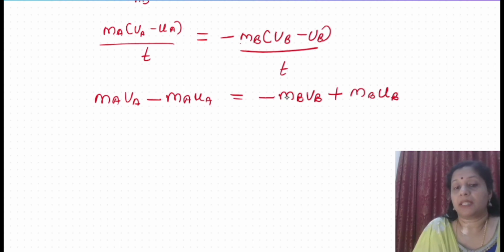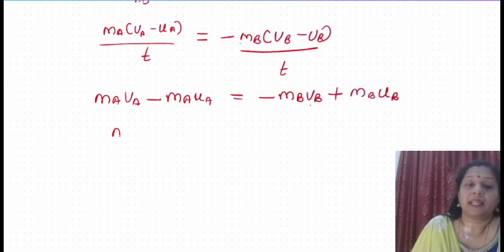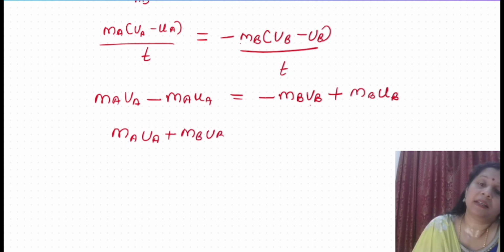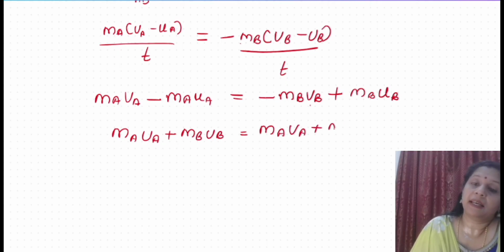Now we transpose this. We are bringing U to one side and V to the other side. So we can see that MA UA plus MB UB is equal to MA VA plus MB VB.